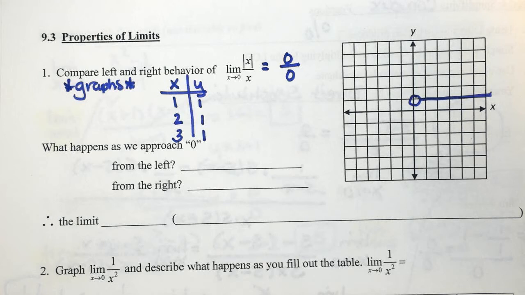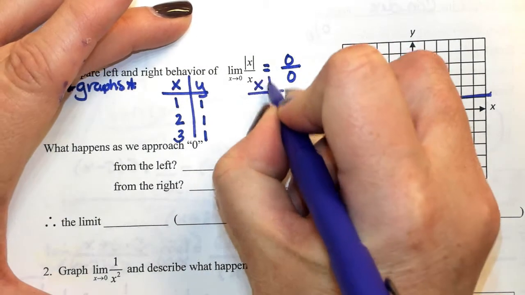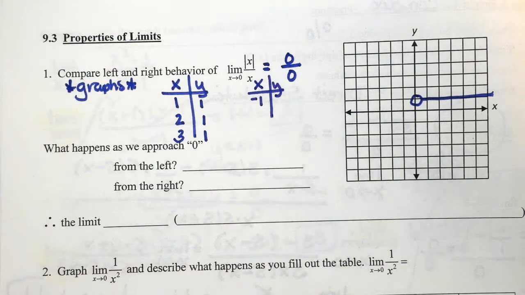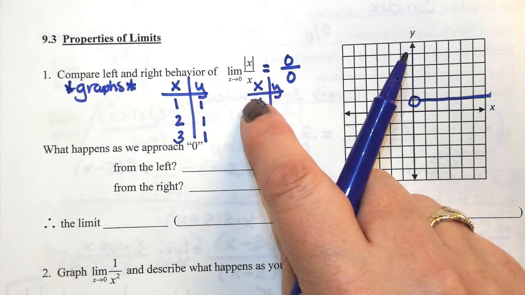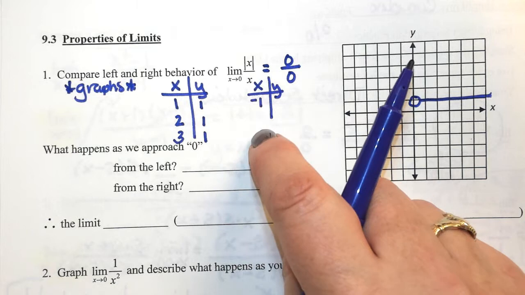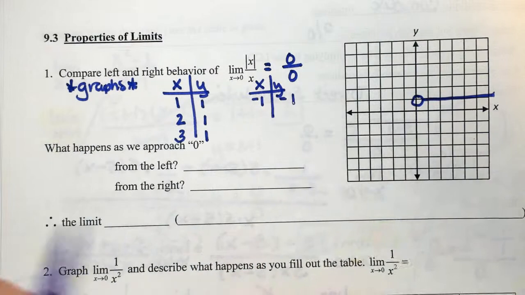So now let's take a look and see what's happening to the left of 0. I'm going to pick some x values slightly smaller than 0, so let me start with negative 1. What's the absolute value of negative 1 divided by negative 1? I know the absolute value of negative 1 is 1, but then I'm going to divide it by negative 1, so it's going to be negative 1.